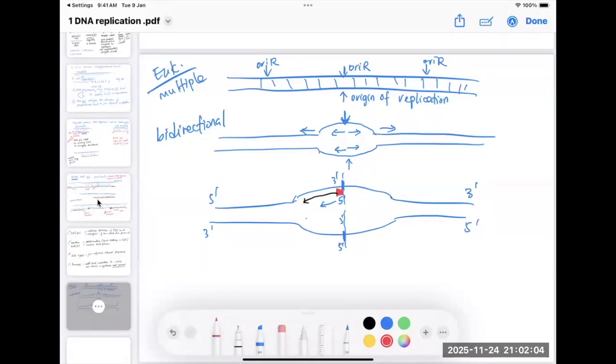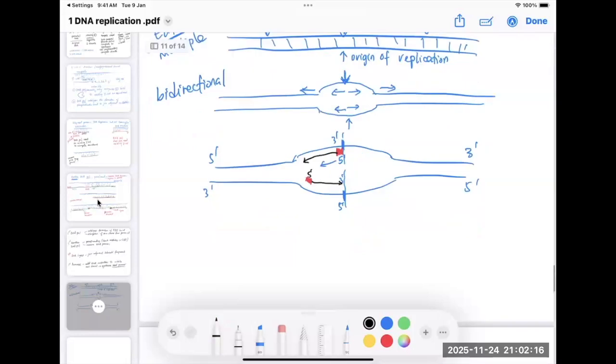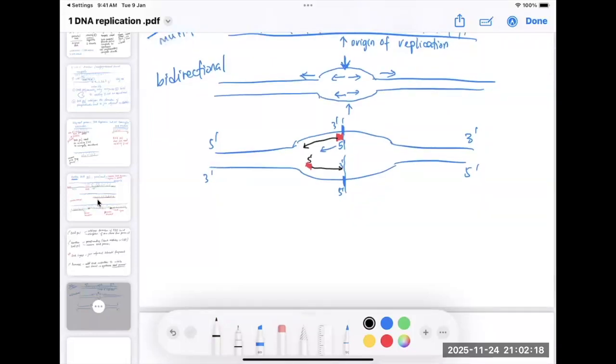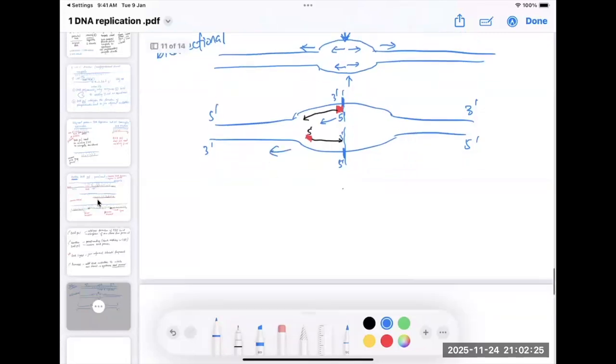So to initiate, I will put the primer here. And then move towards 3 prime. Agree? Okay. So I'll only look at one half, right? So now what happened is this one is going to unwind further, right? So when it unwinds further, it will become like that.